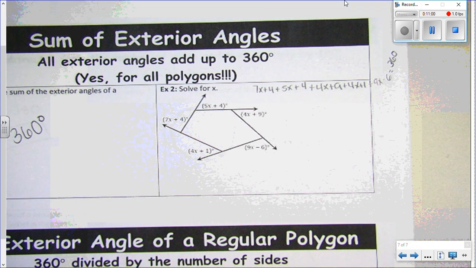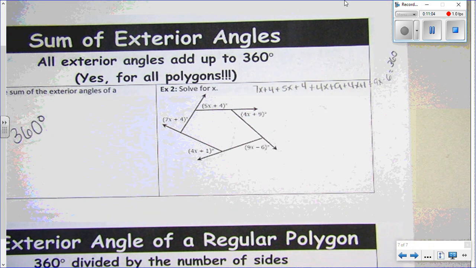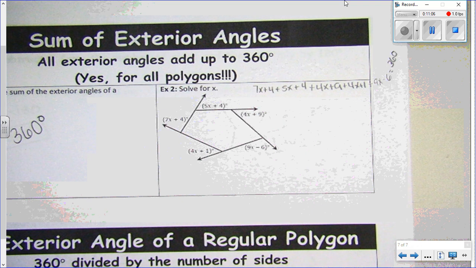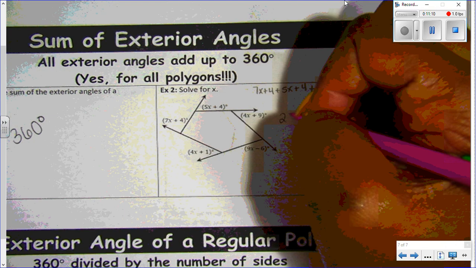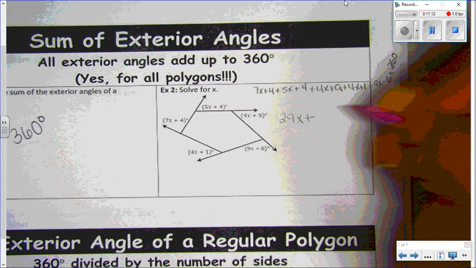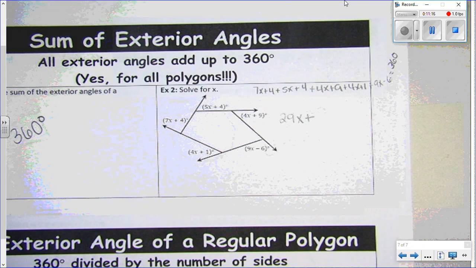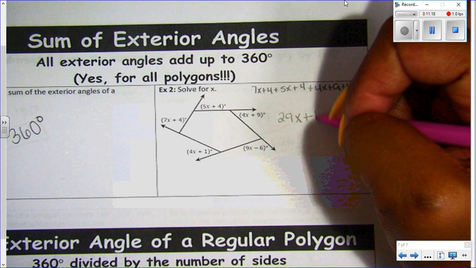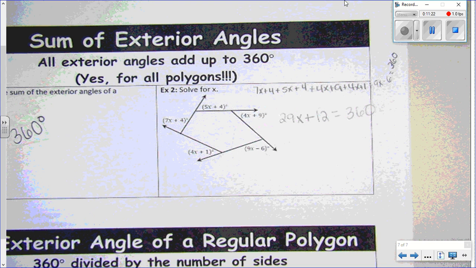And now this is just combine like terms and see where you go. So you combine all the x terms, you end up with 29x. And then you add up all the constants and you end up with 12. And that equals 360. And now you just solve for x.